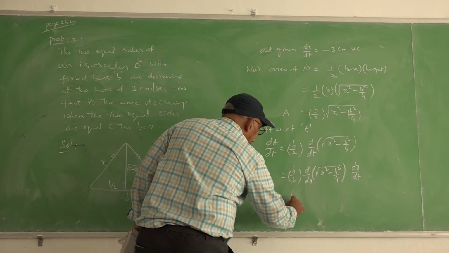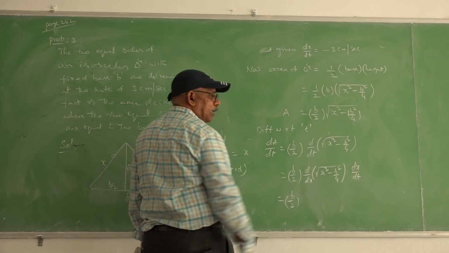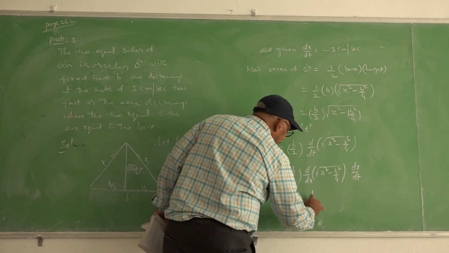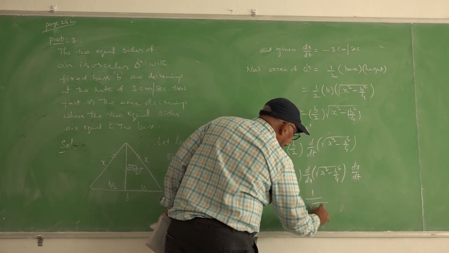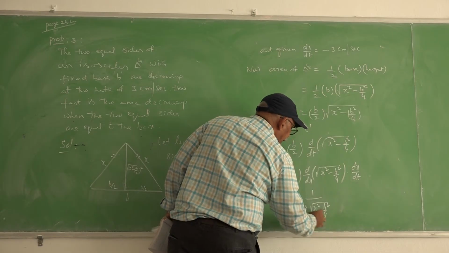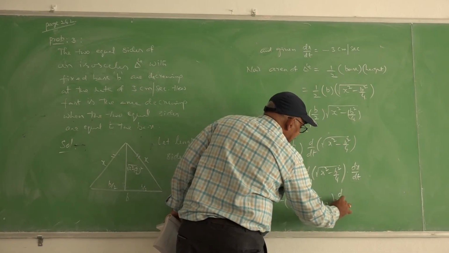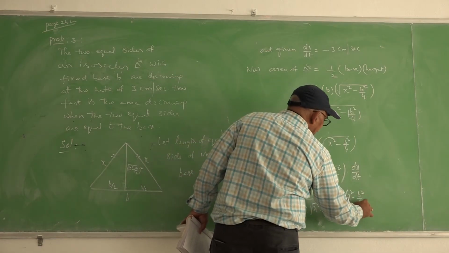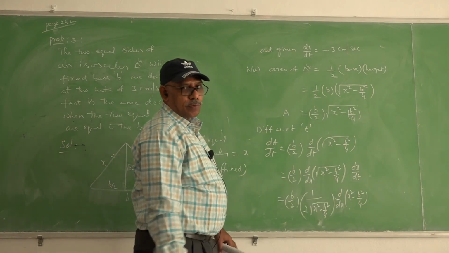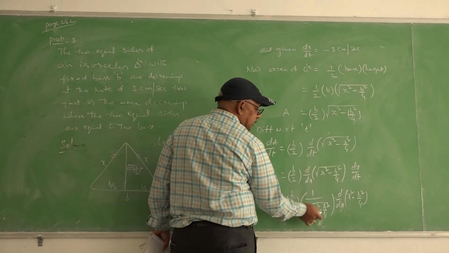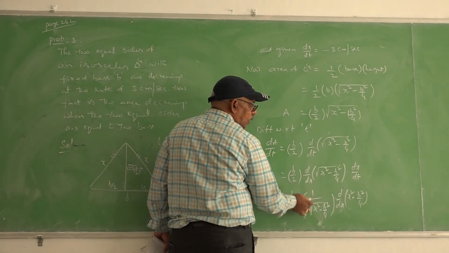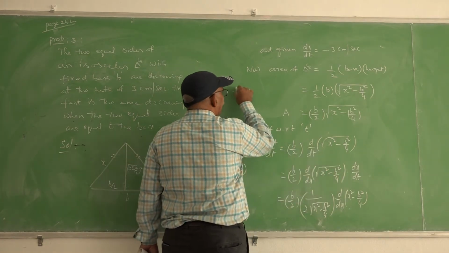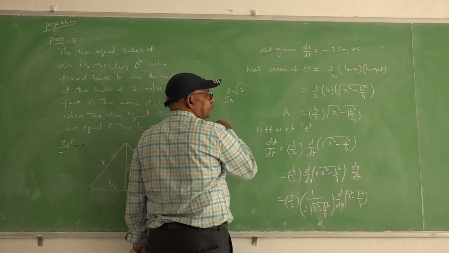So, that is b by 2 into, since it is a function of x and taking derivative with respect to x itself, for the root function the derivative is 1 by 2 root over x square minus b square by 4 into d by dx of the function inside the root, x square minus b square by 4, again applying function of function rule. For the root function, I am assuming this as a single variable, some root z form with respect to x.